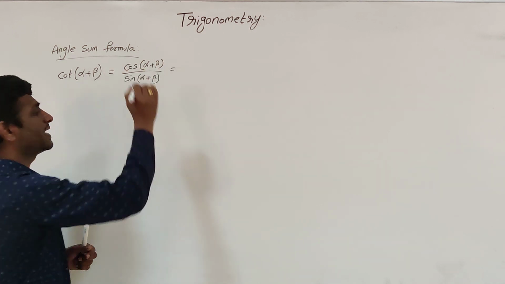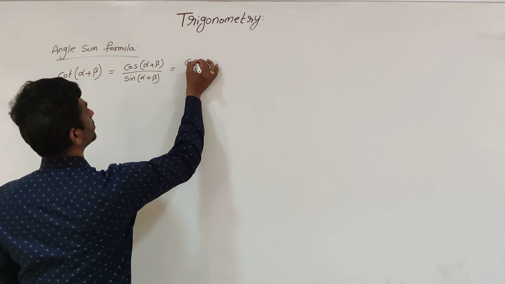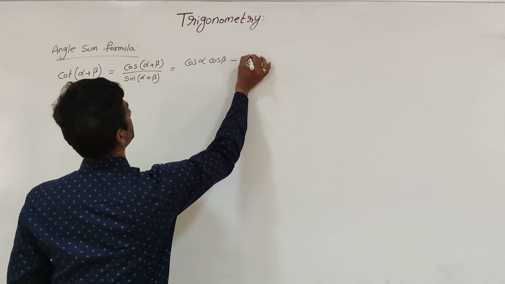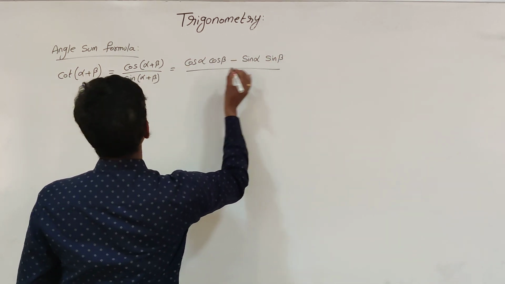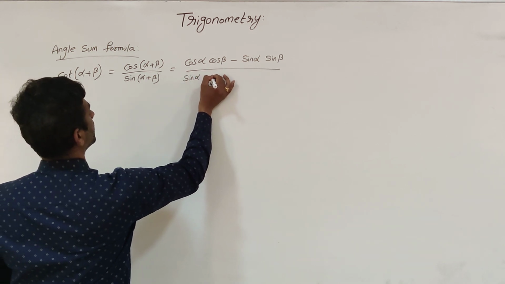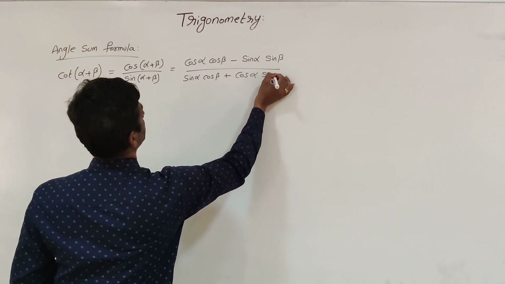And we know the expansion of cos of alpha plus beta. What is cos of alpha plus beta? Cos alpha cos beta minus sin alpha sin beta, by sin of alpha plus beta, which is sin alpha cos beta plus cos alpha into sin beta.